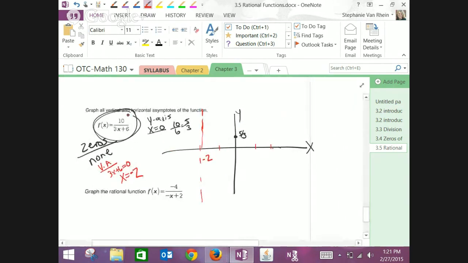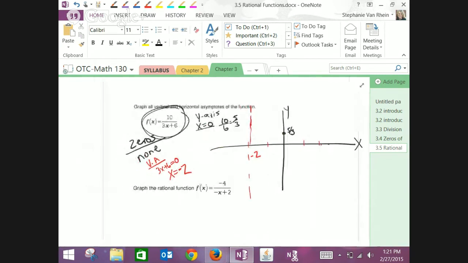Do I have any horizontal asymptotes? The power in the denominator is greater than the numerator, right? So the denominator would overpower it, and the function would tend to 0.